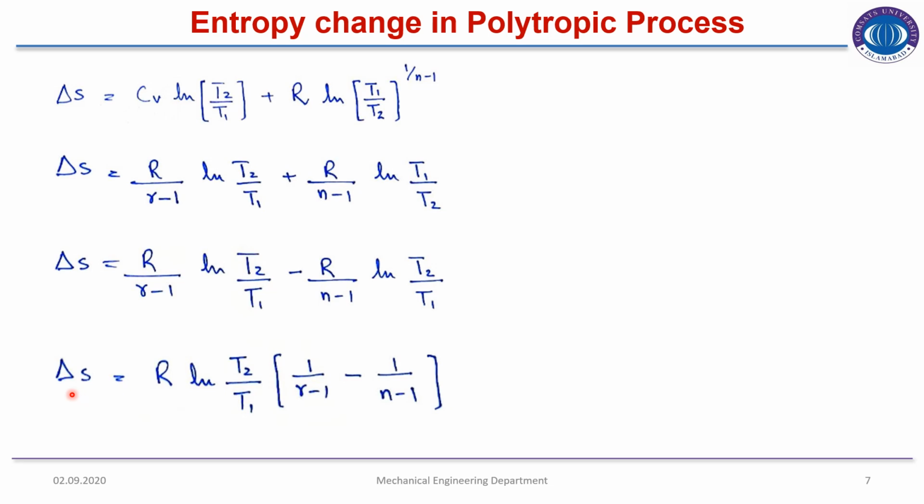In the fourth step, we have taken the R natural log T2 over T1 term common, so the relation becomes delta S is equal to R natural log T2 over T1 times the bracket 1 over gamma minus 1 minus 1 over n minus 1. In the first term we have gamma minus 1, and in the second term we have n minus 1.